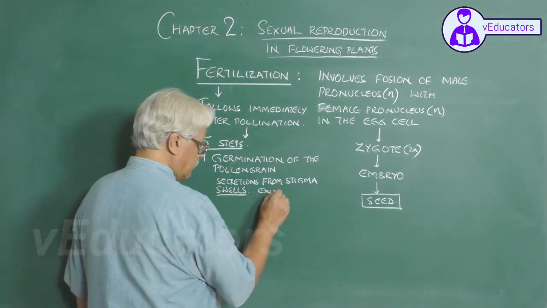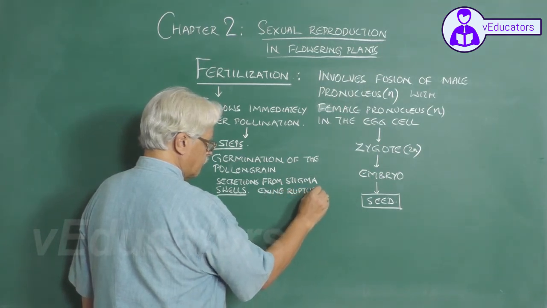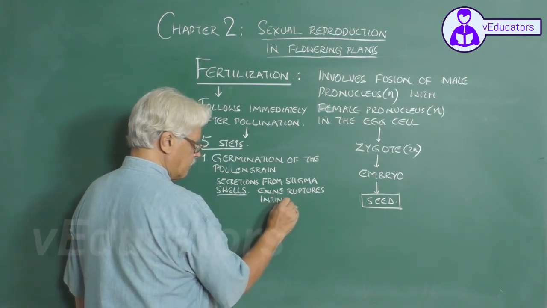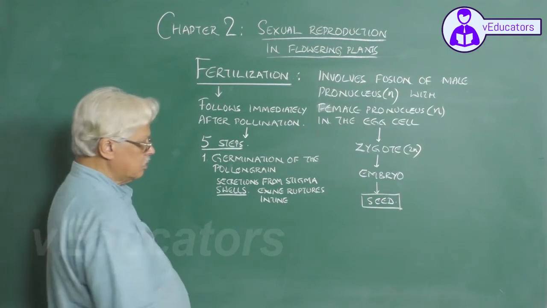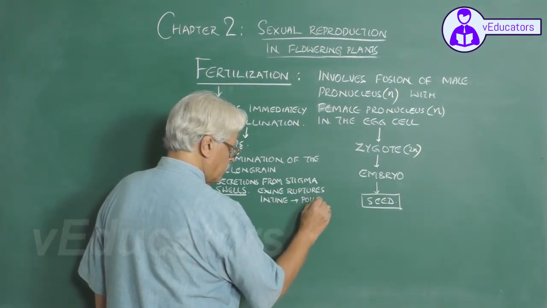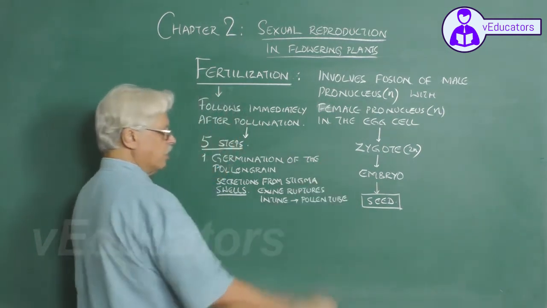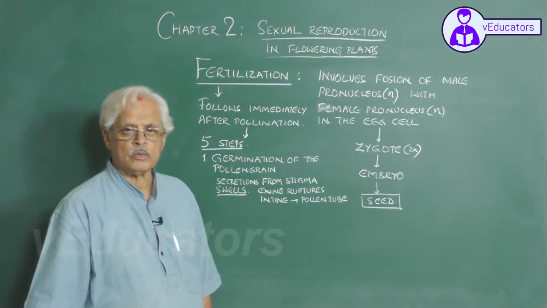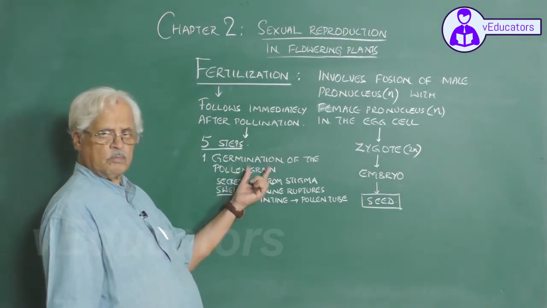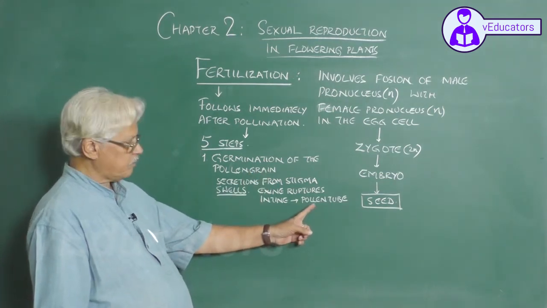The exine ruptures, and in time the inner membrane, the intine, comes out in the form of a projection called pollen tube. This process represents germination of the pollen grain, formation of the pollen tube.